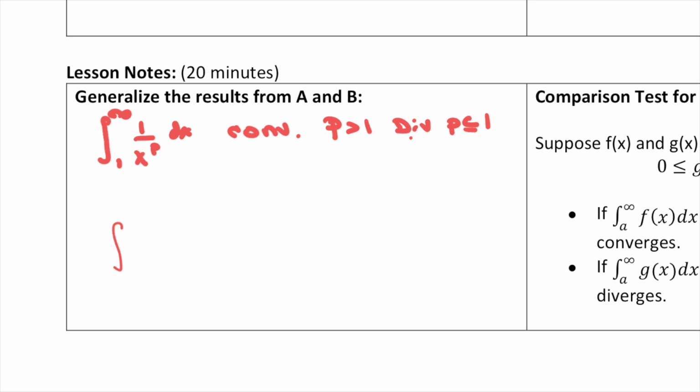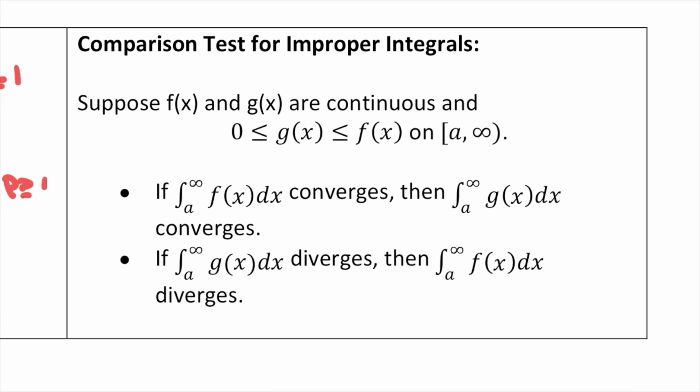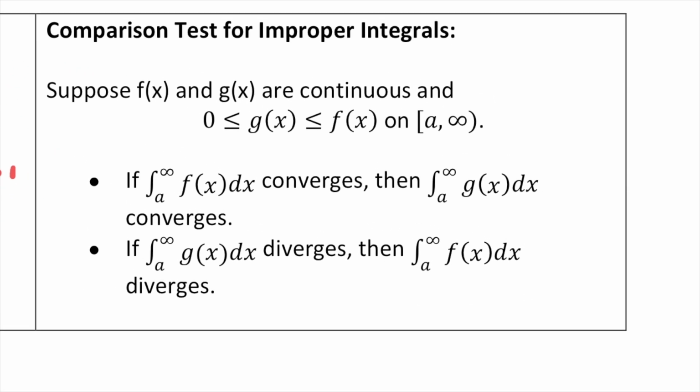Whereas if we take the integral from 0 to 1 of 1 over x to the p dx, you figured out that it's going to converge for p less than 1 and diverge for p greater than or equal to 1. And that is going to be useful when we start comparing integrals during our improper integral test.